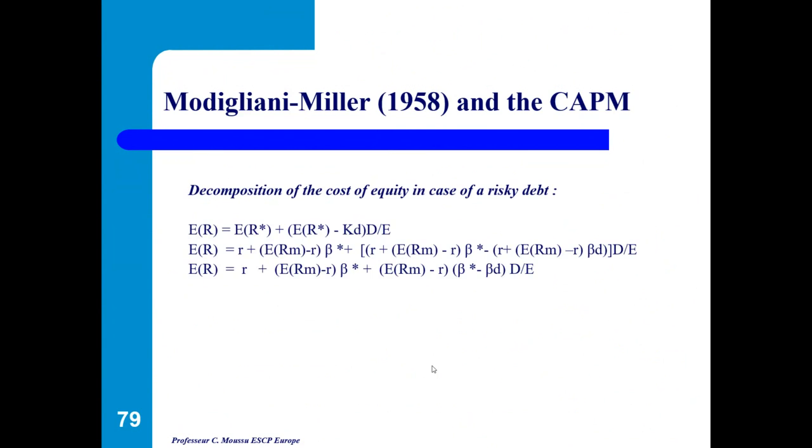Okay, so now the decomposition of the cost of equity in the case of risky debt. Again, I write proposition 3, and here again I use the CAPM. Now I have a beta D, because beta D is different from 0. After simplification, we have this proposition.